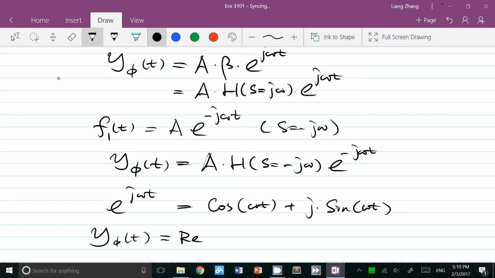It will be the real part of H of j omega e to the j omega t plus the imaginary part of the same thing, with A here as well.